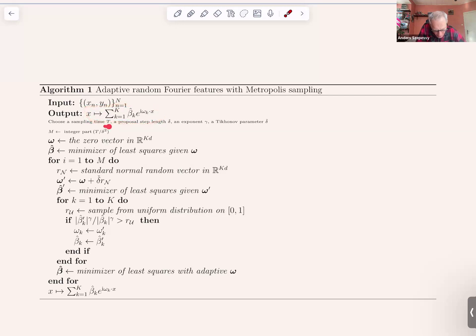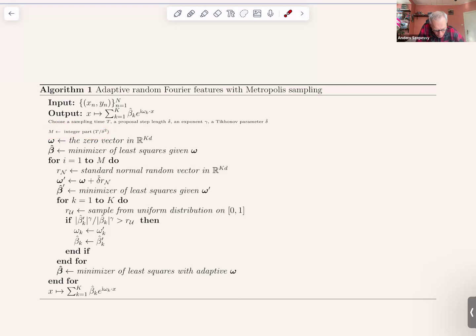And you need some parameters: the sampling time, the proposal step length in the random walk, and the exponent gamma I mentioned. And then here are a little bit different penalty parameters. Instead of lambda, they are called delta hat here. And you want to have a number of time steps.